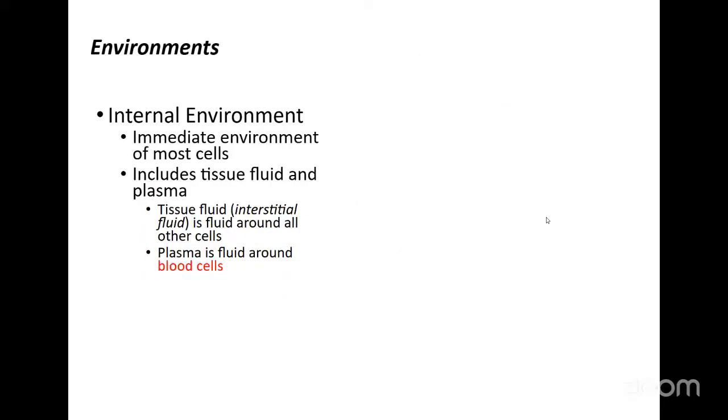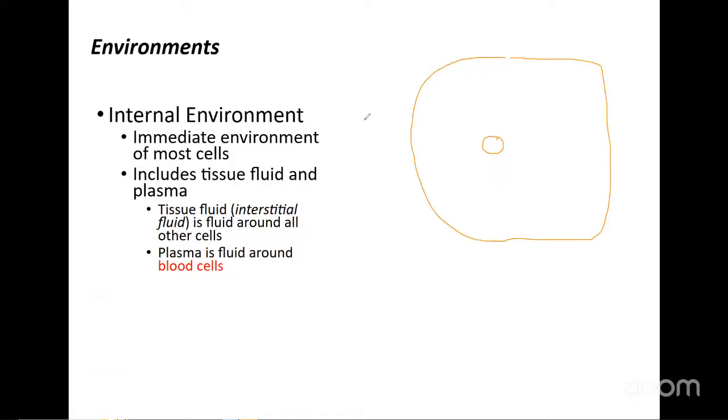So our internal environment is going to be the rest of our body. This is going to be our immediate environment for most of your cells, right? If you're just a generic cell, any random little cell, you are in the internal environment. So I probably ought to draw a big square body around, right? So external was way out here.